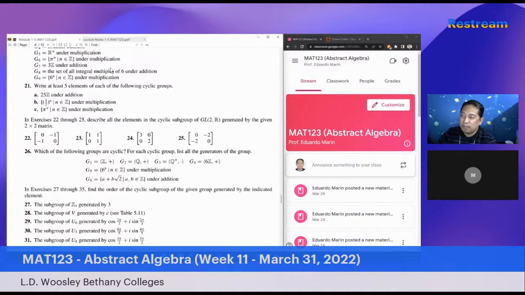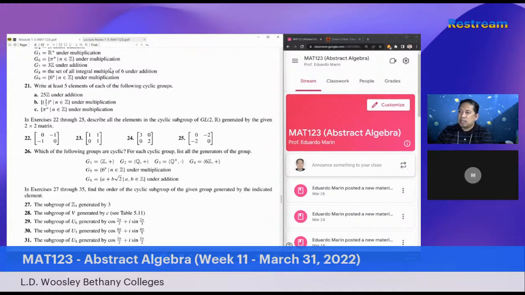Now number 22, Micaela. In 22 to 25, describe all elements of a cyclic group of second degree, composed of real numbers, generated by a given 2 by 2 matrix. What can you say?